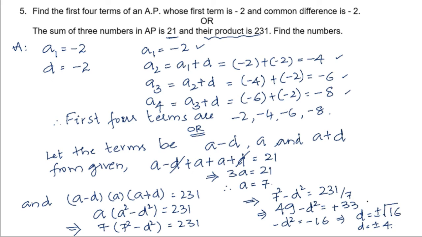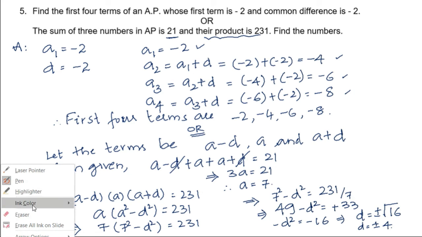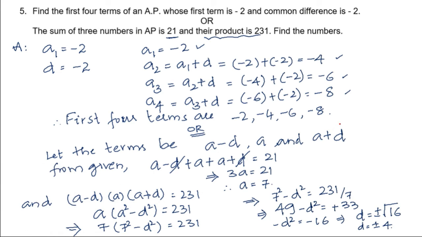Now we substitute the values in equation 1. We'll be getting the required numbers. So let me change the color. I'll write it here. This is the conclusion part. This should be written at the end.